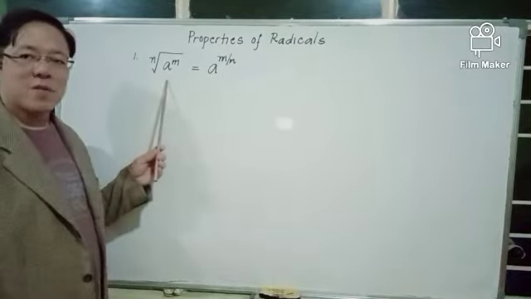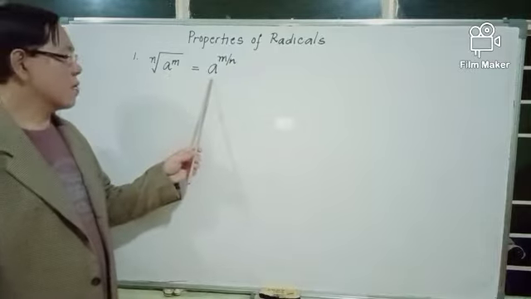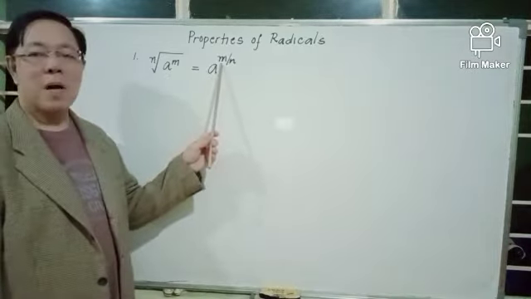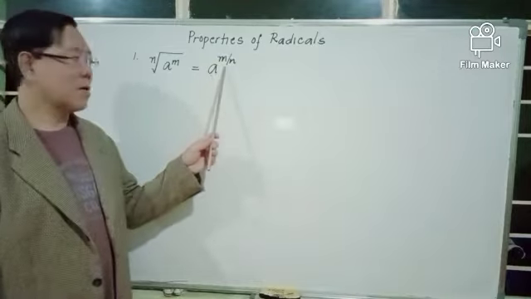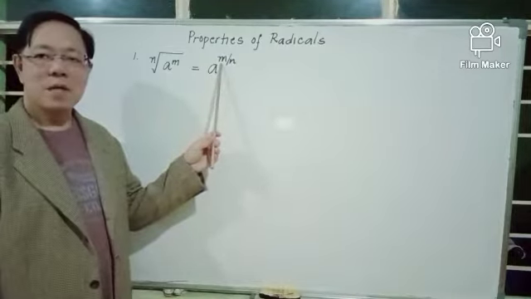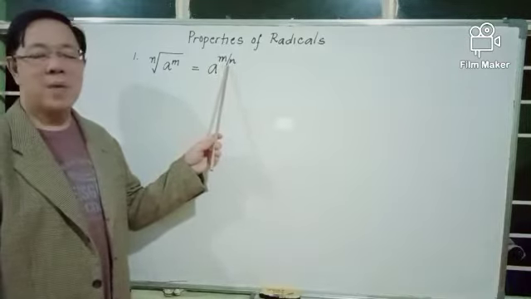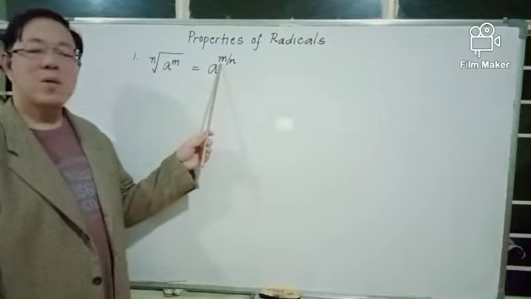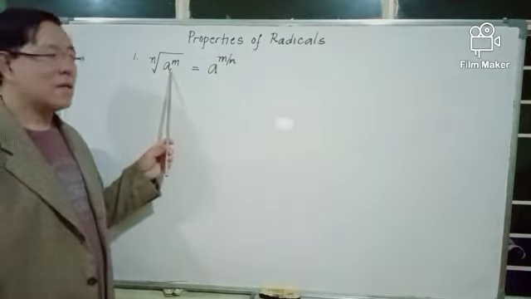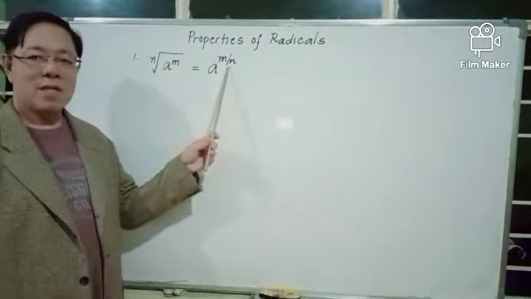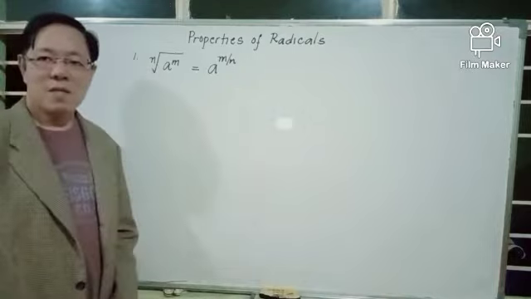According to this first property of radical, the nth root of a to the m equals a to the power m over n, or the exponent of a is a rational number m over n, a ratio of the integers m and n, where the numerator m is the exponent of a and the denominator n is the index of the radical sign.